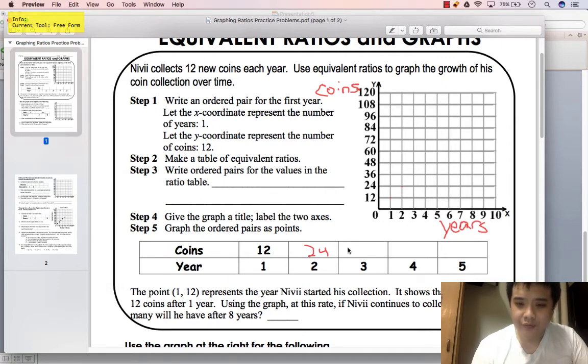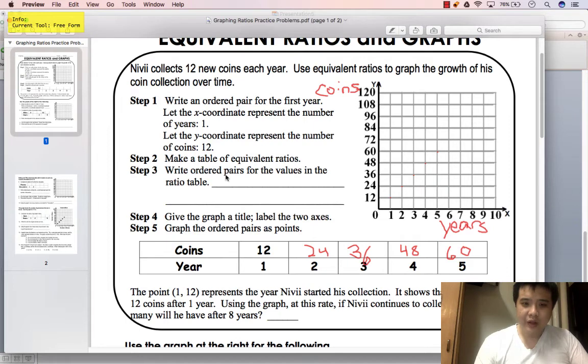Over here, this one should be 36. Apologize for the bad handwriting. 3 and 36. 4 should be 48. And 5 should be 60. I'm adding 12 each time because he gets 12 new ones each year.